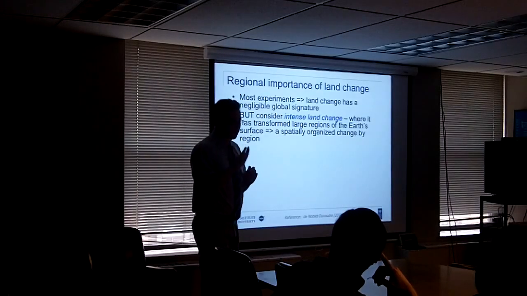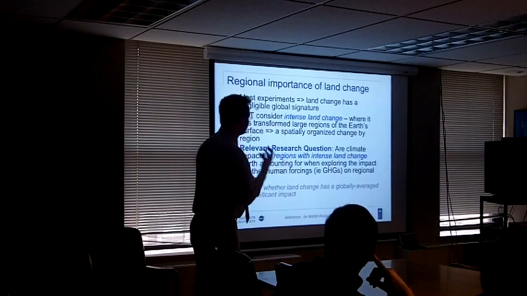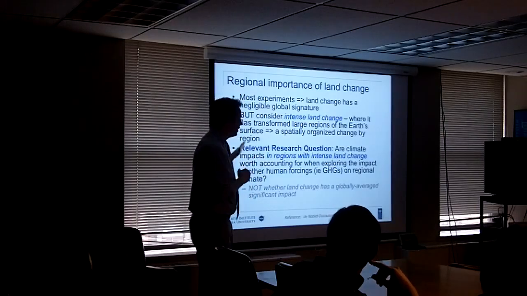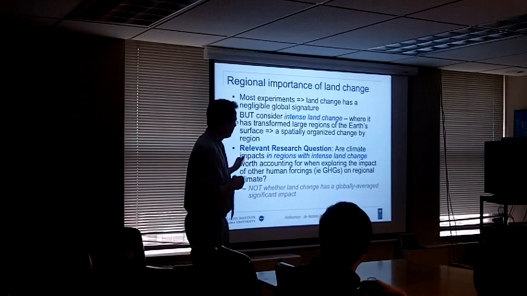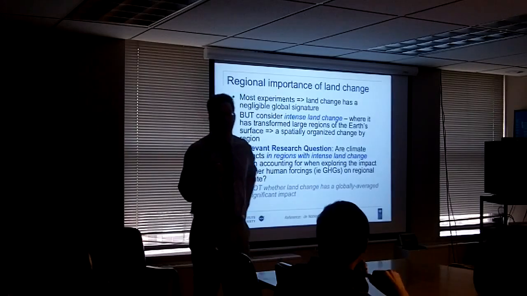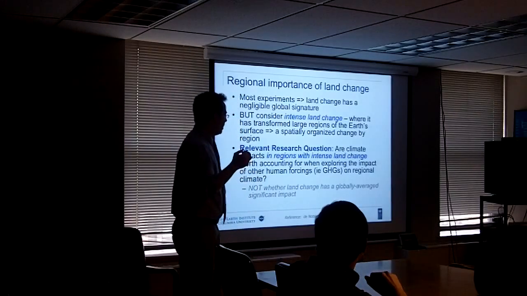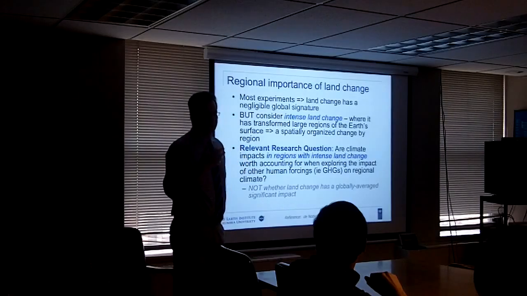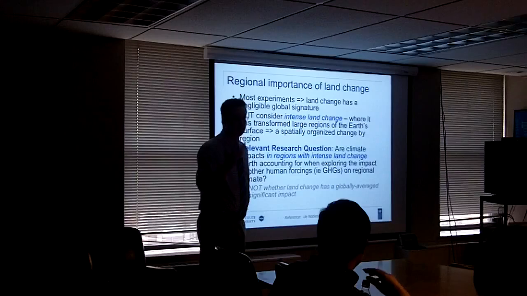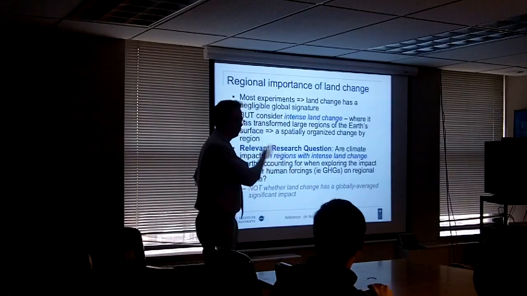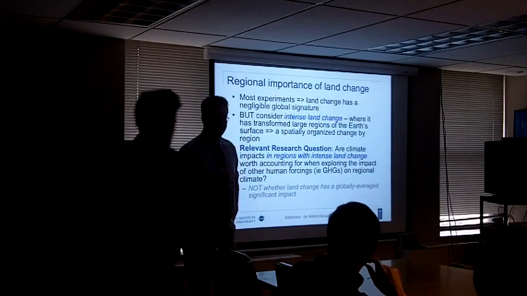So the real research question we're interested in is: in these regions with intense land change, is it important to account for these land changes when we're trying to understand the impacts of greenhouse gases on regional climate? Are these changes significant relative to these greenhouse gas related changes?